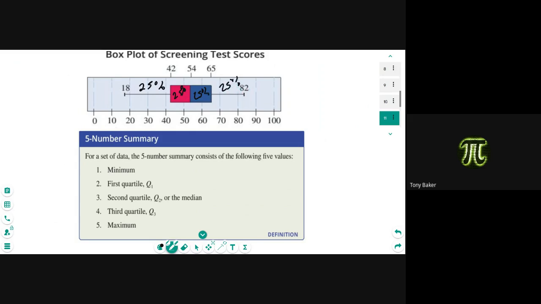In this case, there were 40 data points, so there's 10 points in each of those. The bar tells you how spread out those 10 points are. So we went from 18 to 42 for the first 10. Inside here, there's 50% of the numbers. There was only 23 of them.